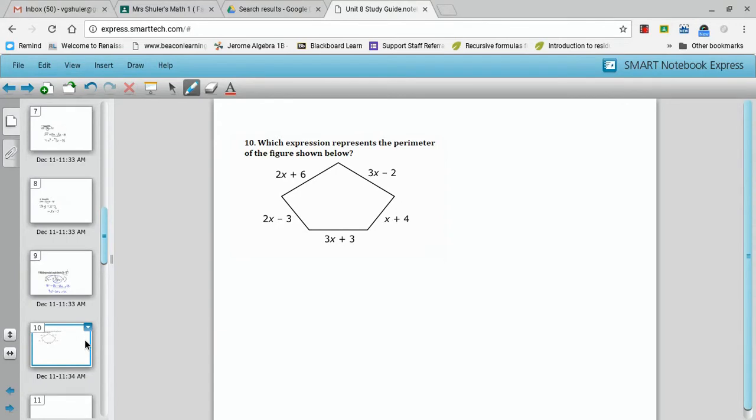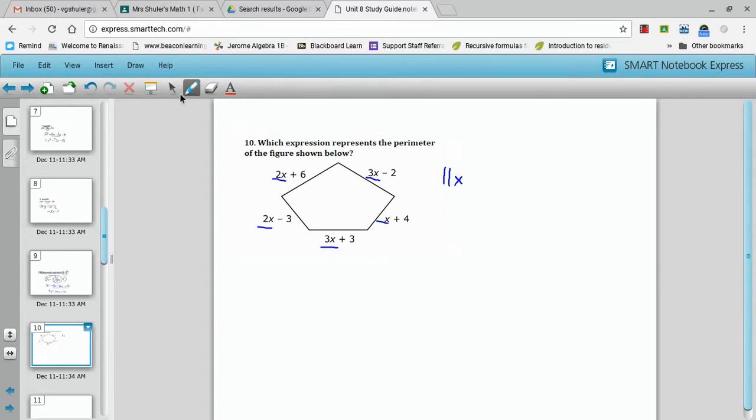Okay, which expression represents the perimeter of the figure below? Well, we're going to add up all our sides. This plus this plus this plus this plus this, all our x's. 2 plus 2 is 4, plus 3 is 7, plus 1 is 8, plus 3 is 11. So all our x's add up to 11x.